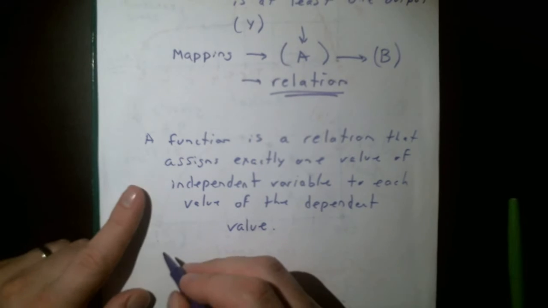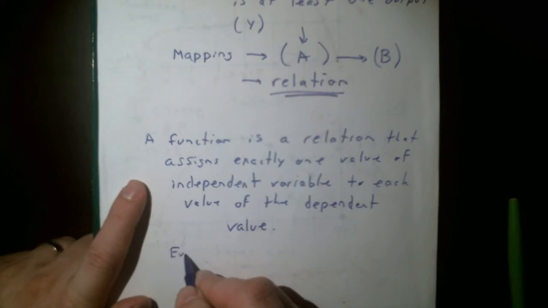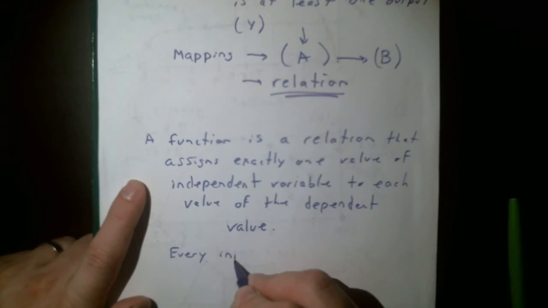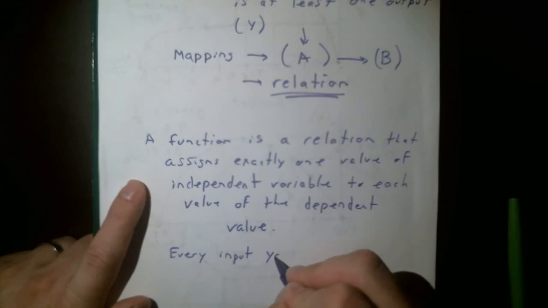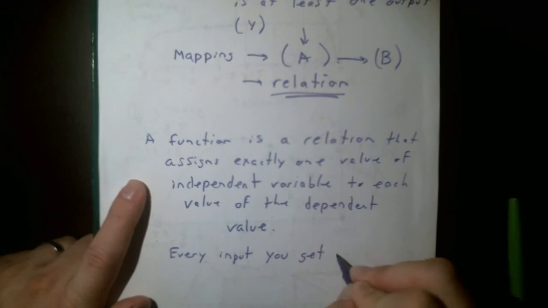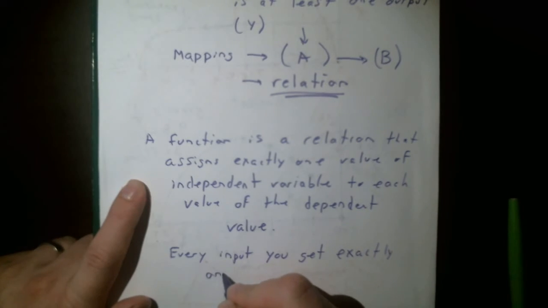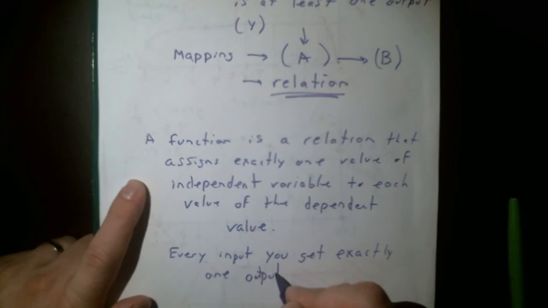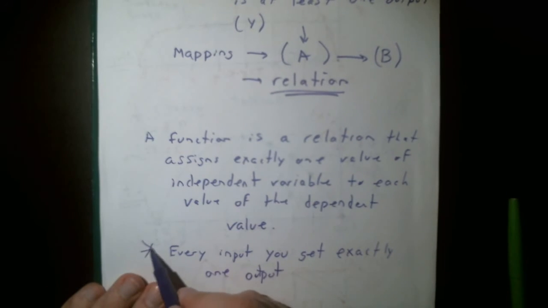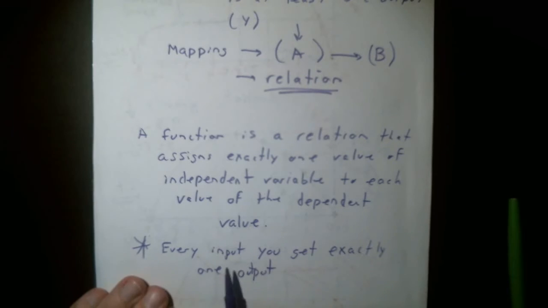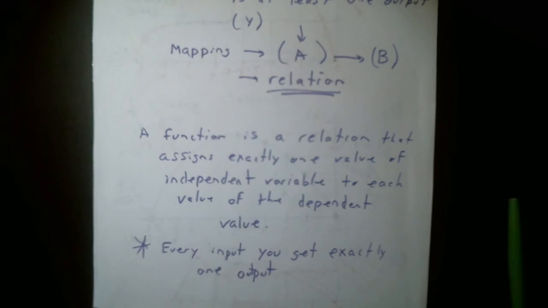But really, it's saying that for every input, you get exactly one output. That's pretty much the basic definition. That's what I would say in a classroom. For every input, you get exactly one output.